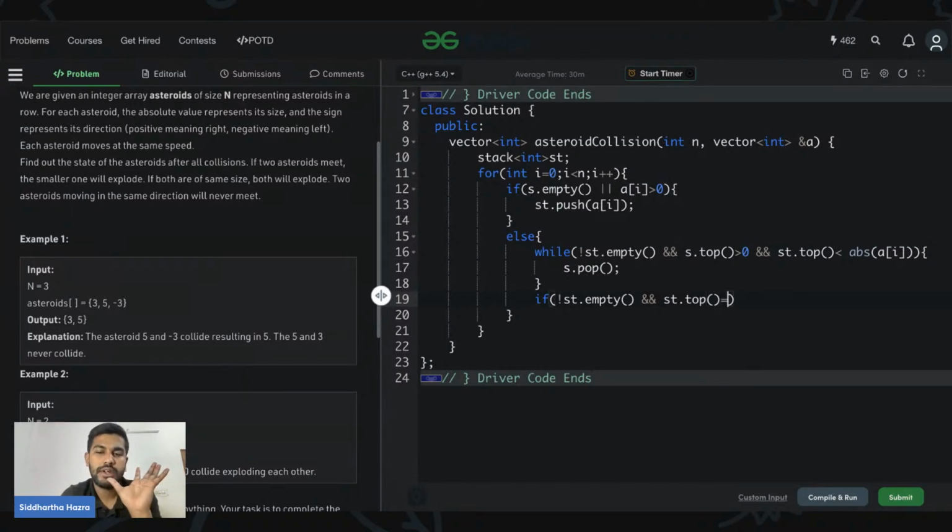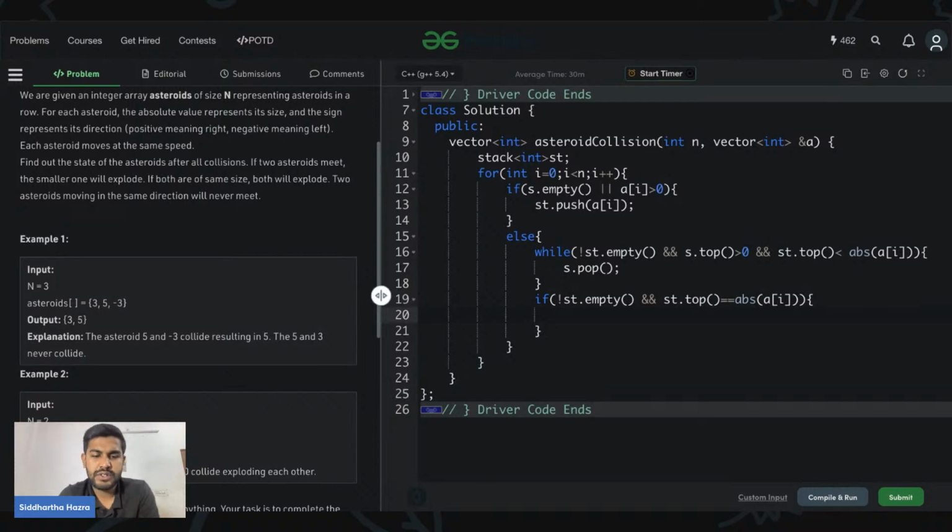Less, equal, more. So if the top element is equal to the abs of the current element, then also we would simply pop. Pop that element.